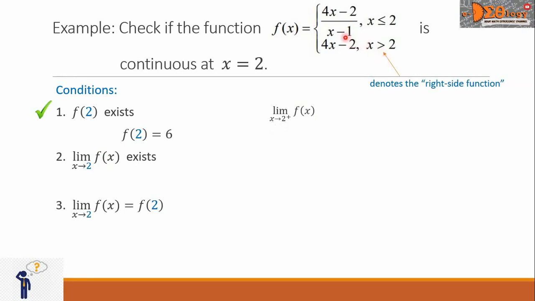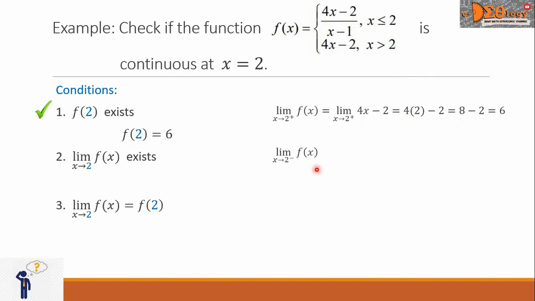So we're going to use the function here, and let us substitute this function in our notation. So we have the limit of 4x minus 2 as x approaches 2 from the right. Evaluating this limit, it means we will substitute the number 2 for the x. So 4 times 2 is 8 and minus 2 will give us 6.